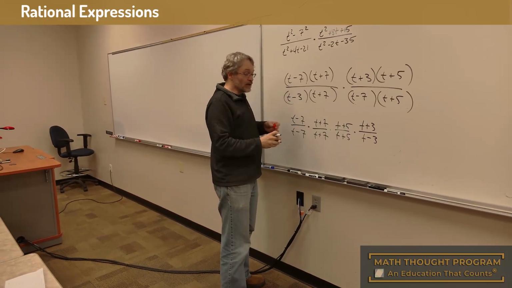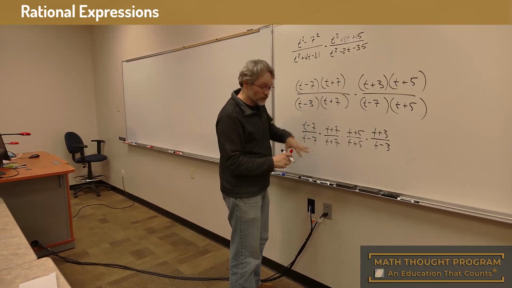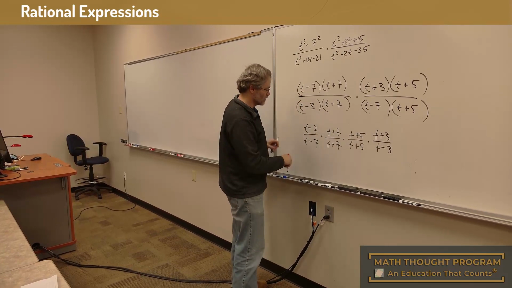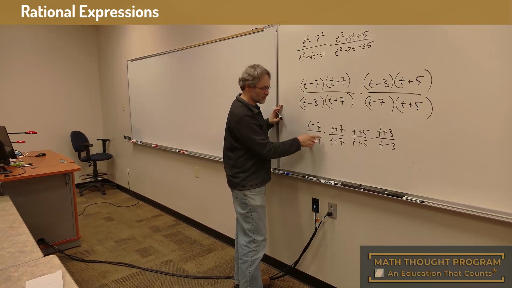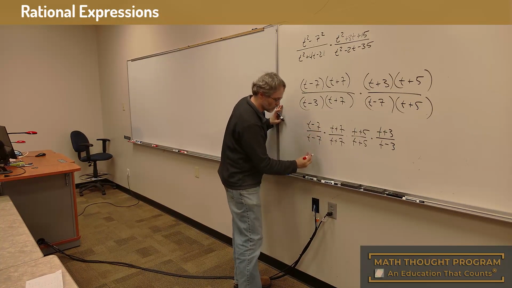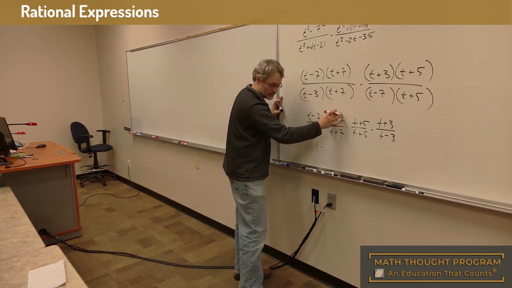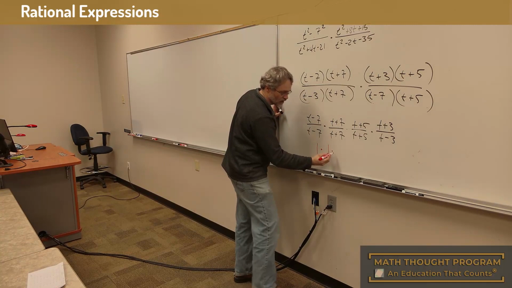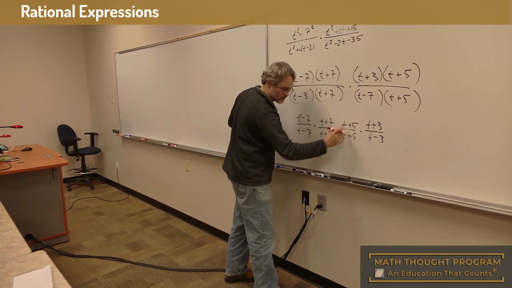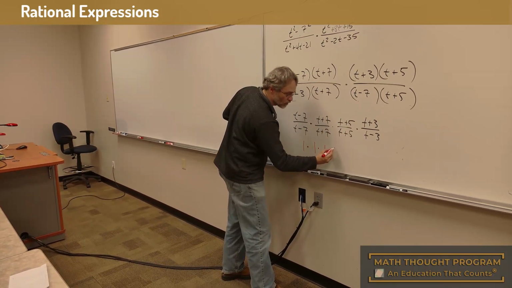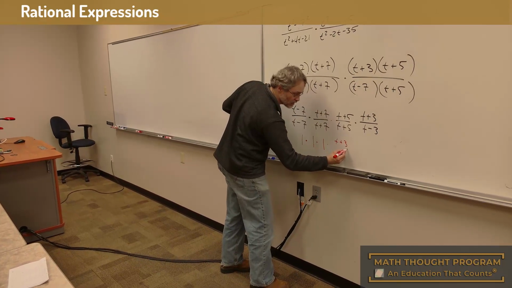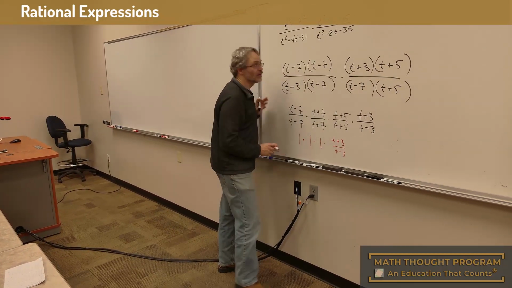So again, a fraction is really talking about a division problem. So how many times is t minus 7 divided by t minus 7? Once. t plus 7 divides into t plus 7 once. And here divides into it once. What remains is t plus 3 and t minus 3.